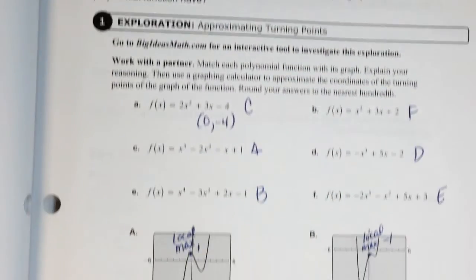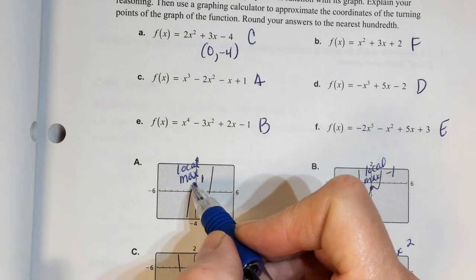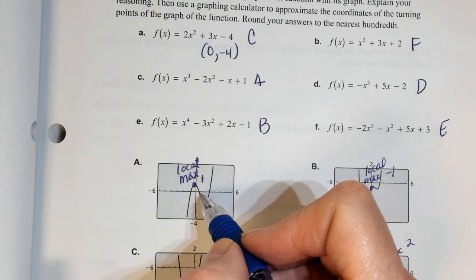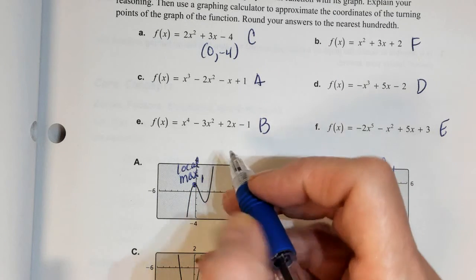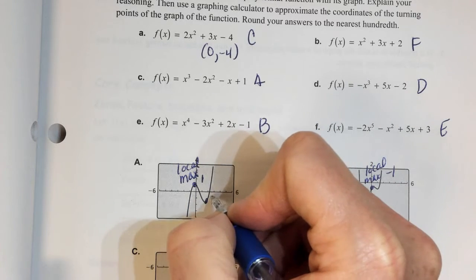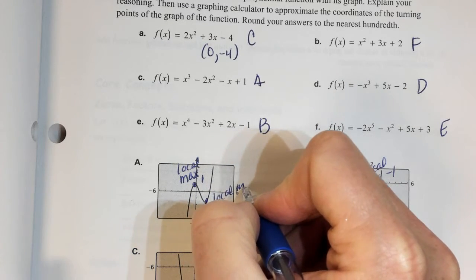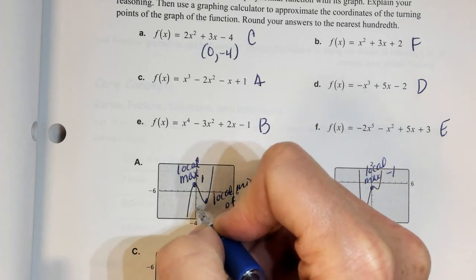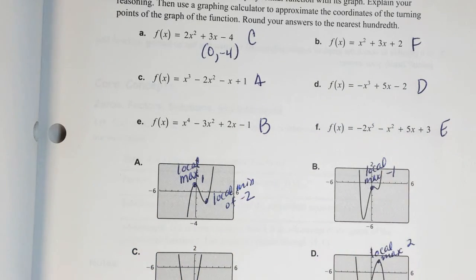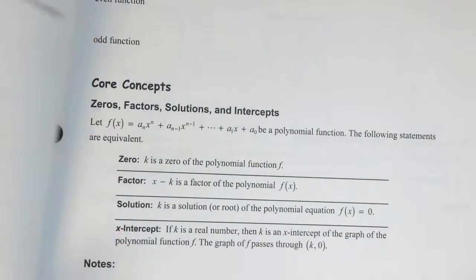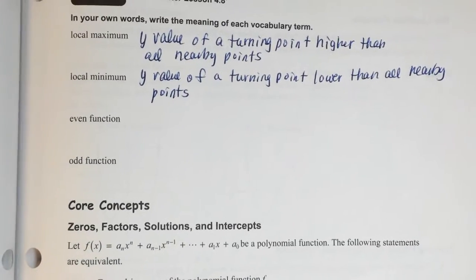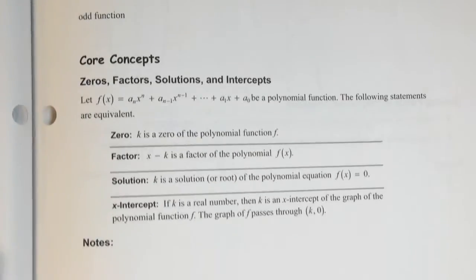So looking back again, right here, see how this would be a turning point. We're going from decreasing to increasing. So right here, this is going to be a local min of -2. Okay? Got that? So that's something we're going to be looking at, these local maximums and local mins.